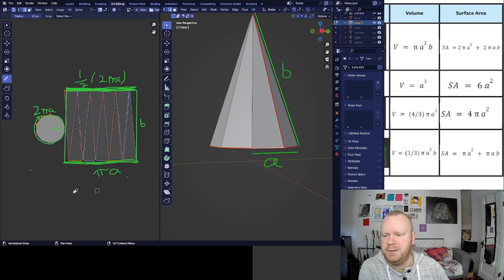Okay, so our total surface area here is going to be B times pi a for this part, so pi AB, plus the area for this one, which is pi a squared. So pi a squared for the bottom plus pi AB for all of the sides here.